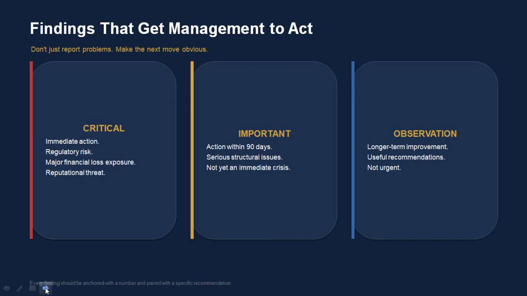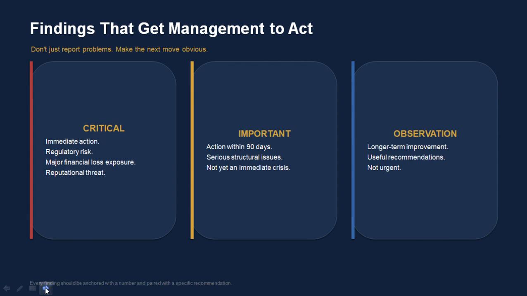First, immediate action must follow the findings to address them. Regulatory risk should be avoided before it sets in, major financial loss exposure should be checked, and reputational threat should be avoided. And one important thing here is that action within 90 days must be key.